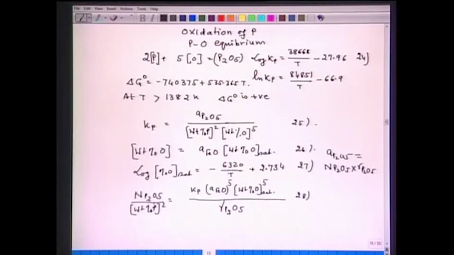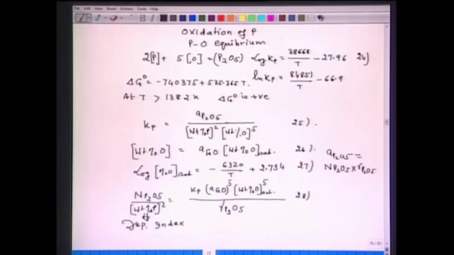Now, this ratio Np2O5 upon weight percent P squared denotes the dephosphorization index, because Np2O5 is approximately proportional to weight percent phosphorus in slag. You can call this ratio the dephosphorization index, or coefficient of phosphorus partition, or dephosphorization ratio, whichever way is convenient to you.